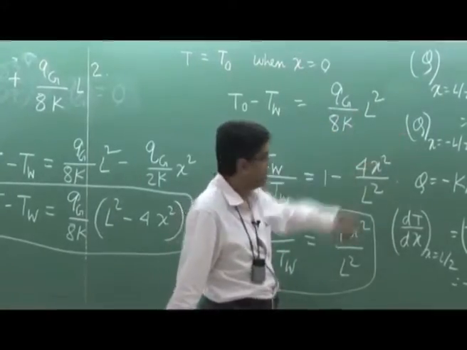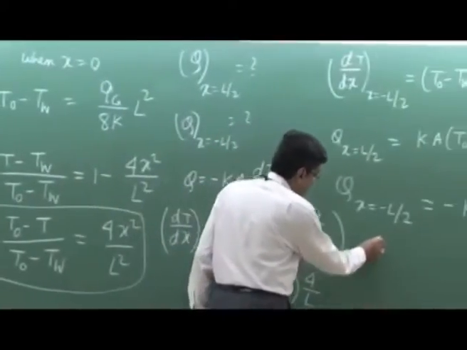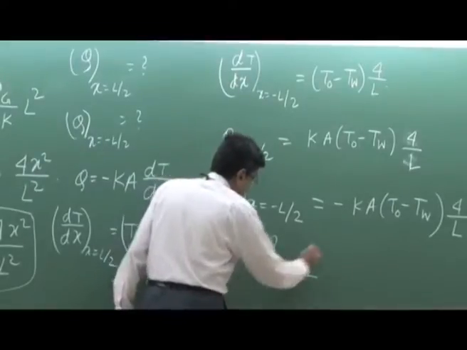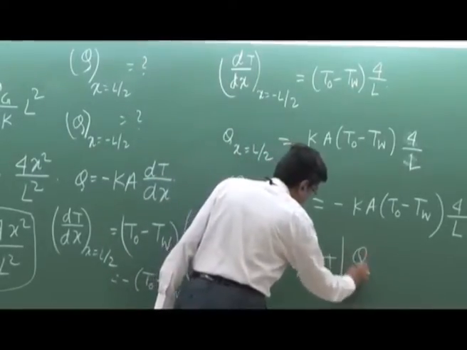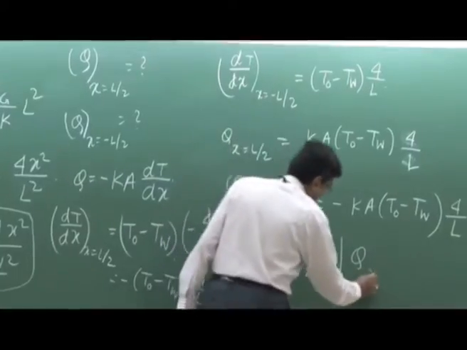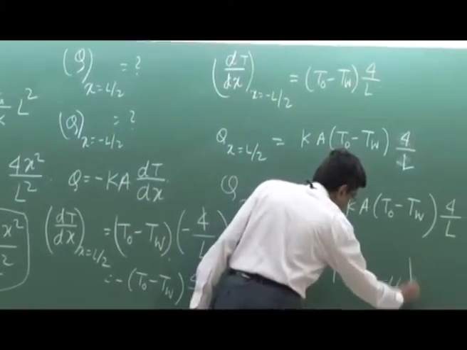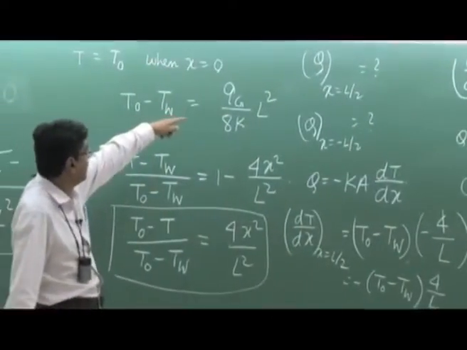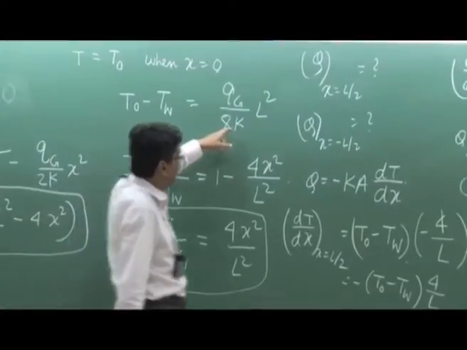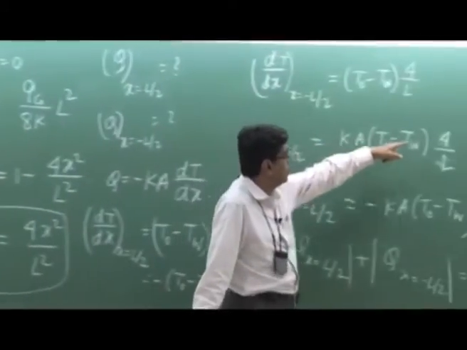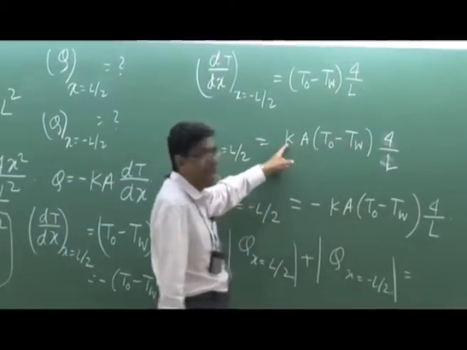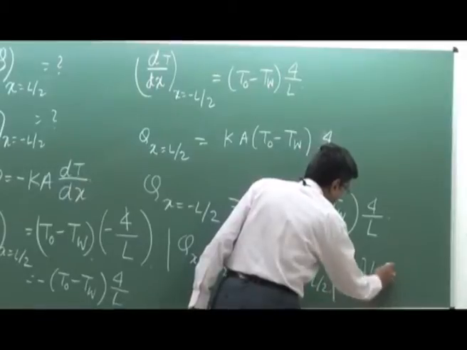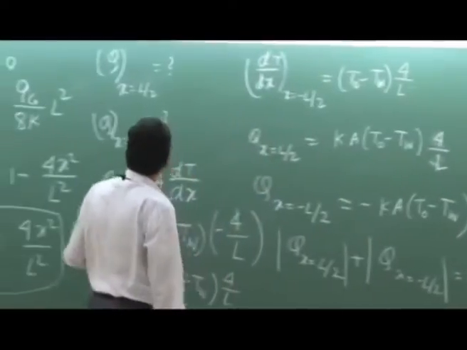You just substitute it and find out the value. Now if you substitute T0 minus TW in terms of the heat generation, the K will cancel, and this will ultimately come out as the generation term times the volume.